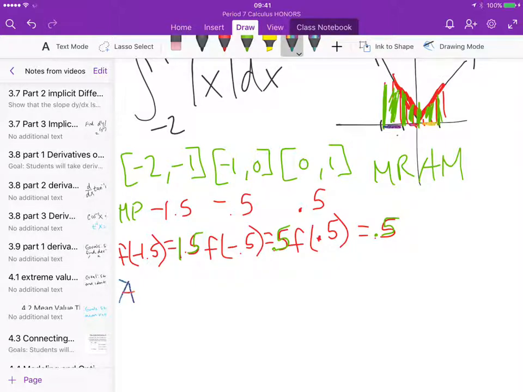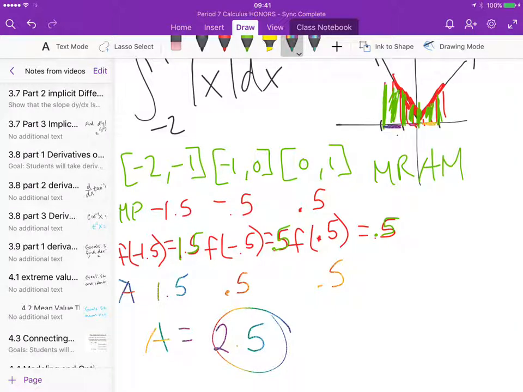So area is going to be 1 times 1.5 for this column, 1 times 0.5 for this column, and 1 times 0.5 for this column. To find the area, it is the sum of all of these 3 areas. So 1.5 plus 1 is 2.5. The area under this curve is 2.5. All right? So it gives us a little bit of insight into how we can use area under a curve.